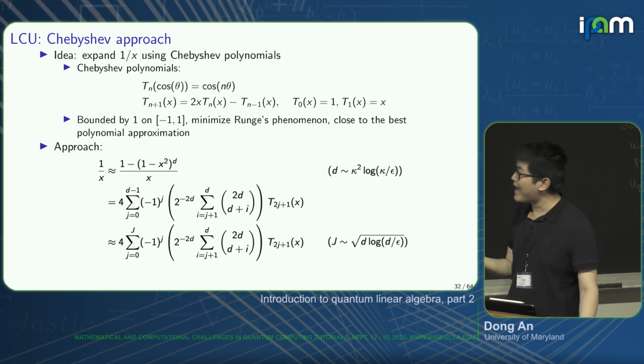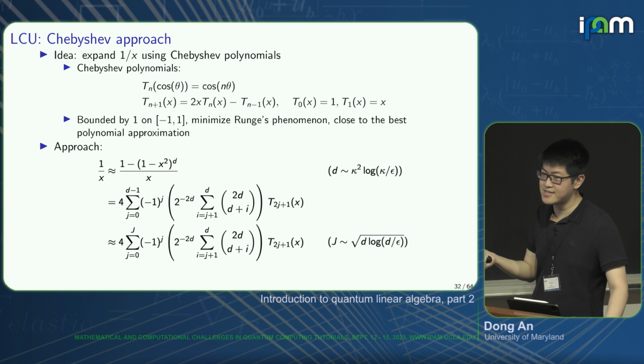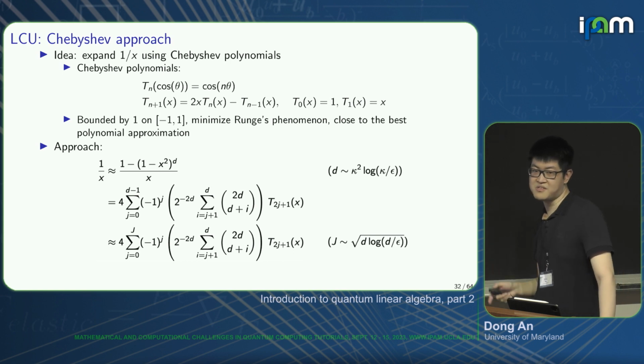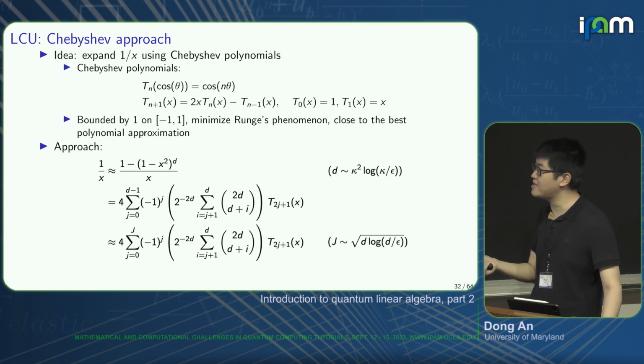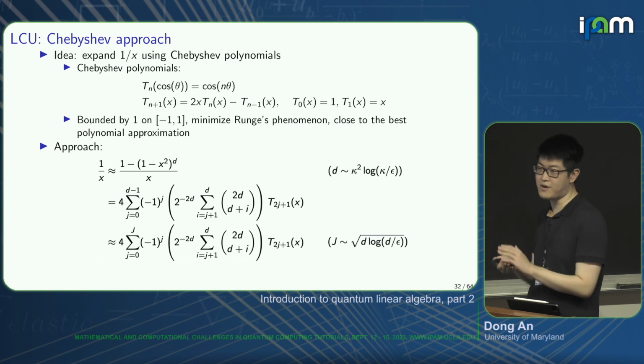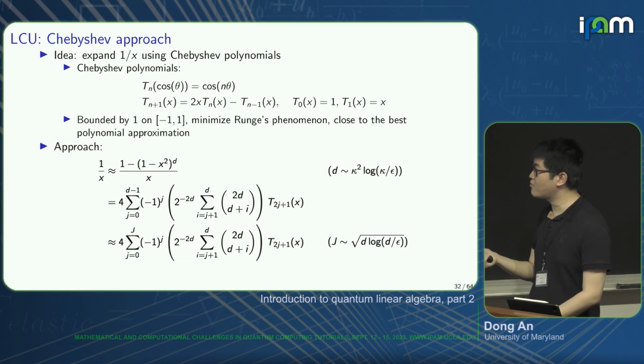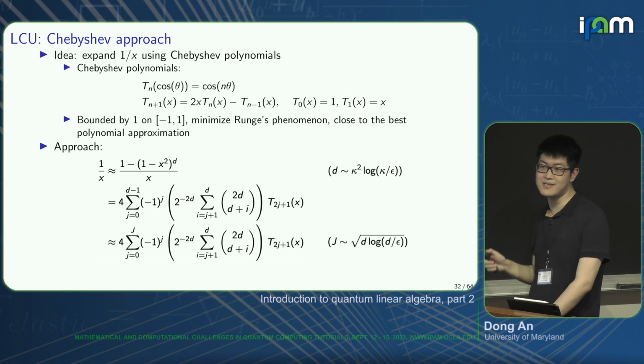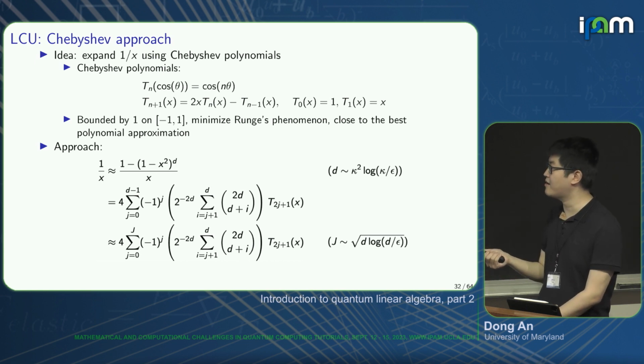That is, we will add another term, which is something like 1 minus x squared to the power d, where d is another parameter. So here you can see that it is not a good approximation when x is close to 0. It is a good approximation when x is away from 0, and this d will help you control the performance of your approximation, which means that this d will depend on the condition number.